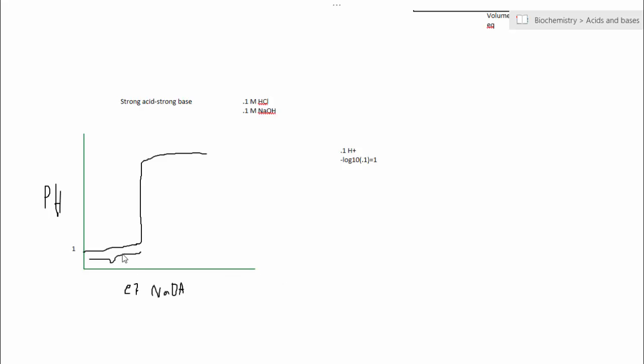For example, at this point, let me change the color. At this point, we have 0.6 equivalents of NaOH, which means that since we have 0.1 molar concentration of HCl, here we have added 0.06 moles of NaOH. So let's say that the volume is 1 liter by default.